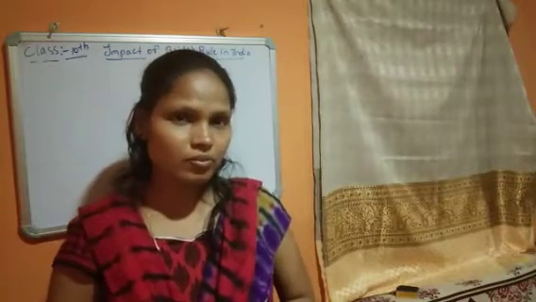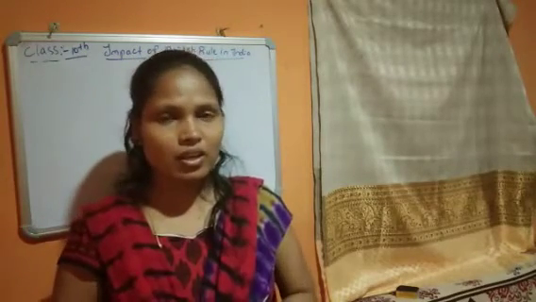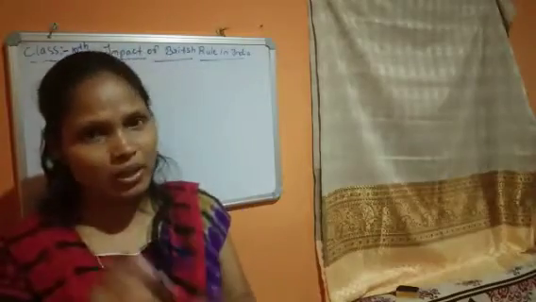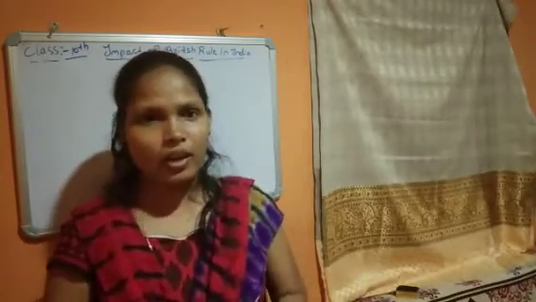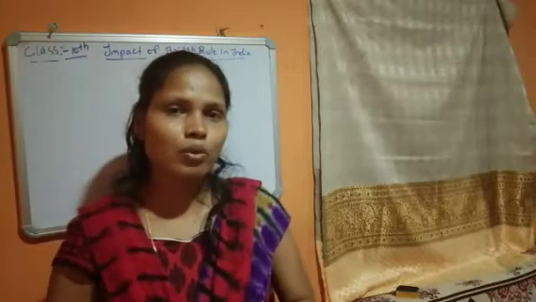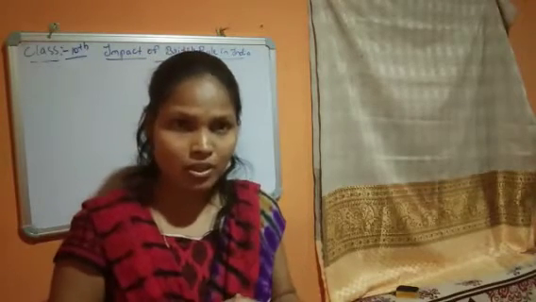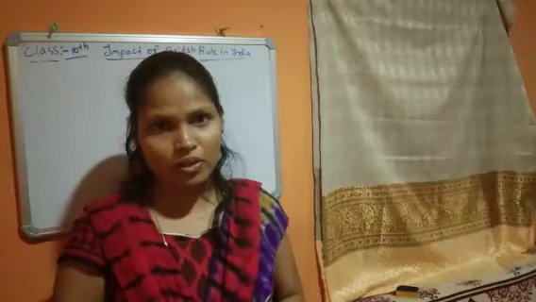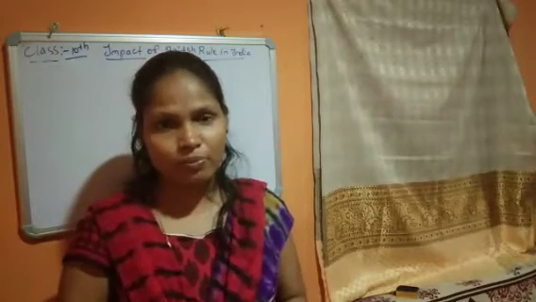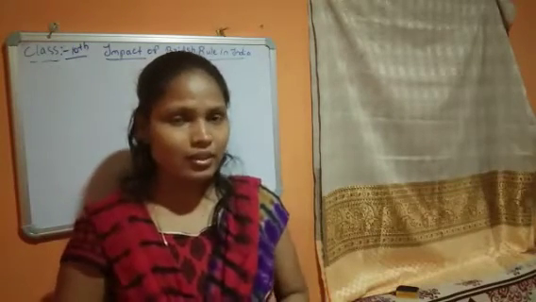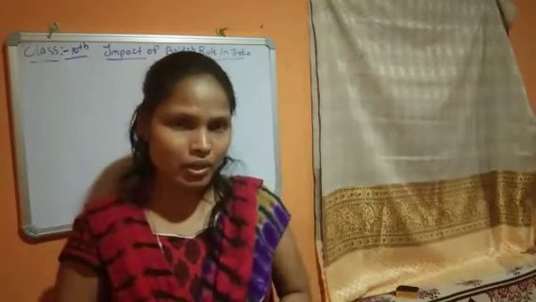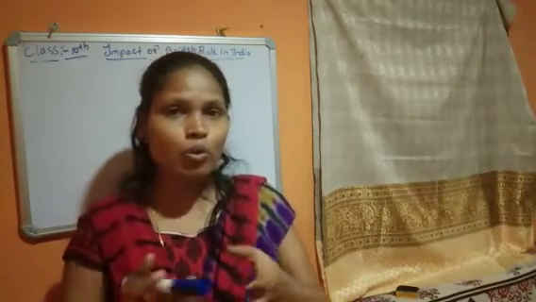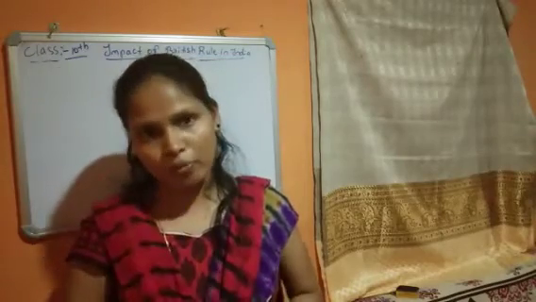Apart from this, the British needed a huge amount of money to fund war expenses and to pay salaries to the workers, especially British soldiers or British officials getting more salary than Indian soldiers. So East India Company started to collect more taxes from the farmers.